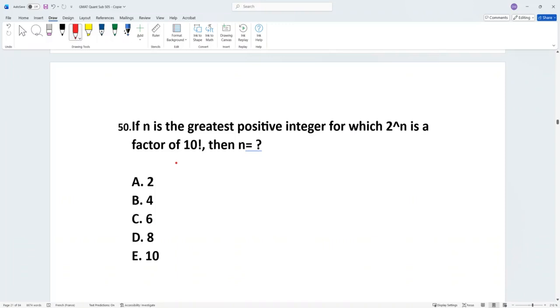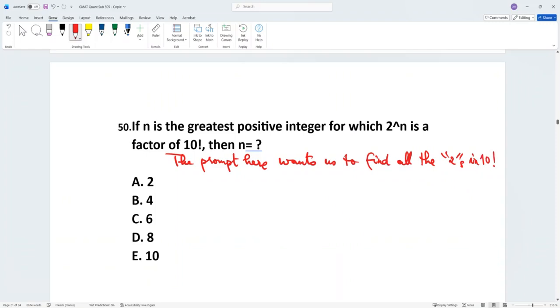So the prompt here wants us to find all the twos in 10 factorial. How many twos can we find in 10 factorial?